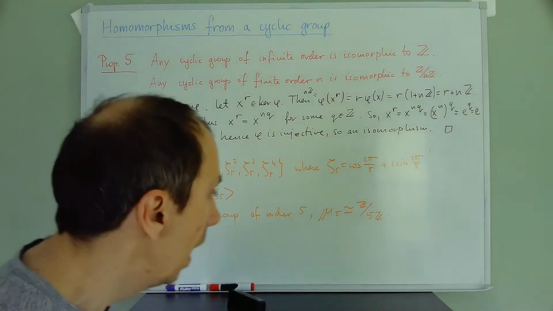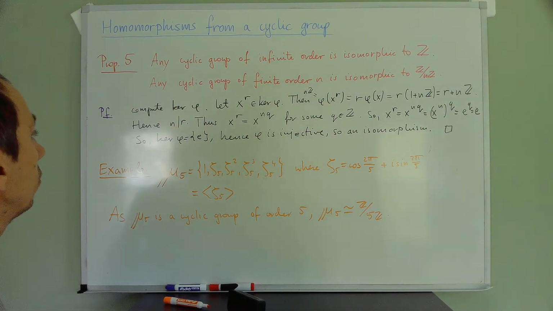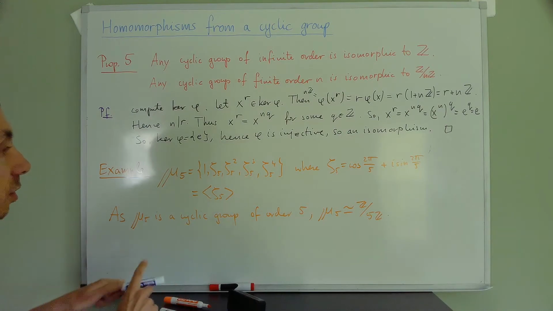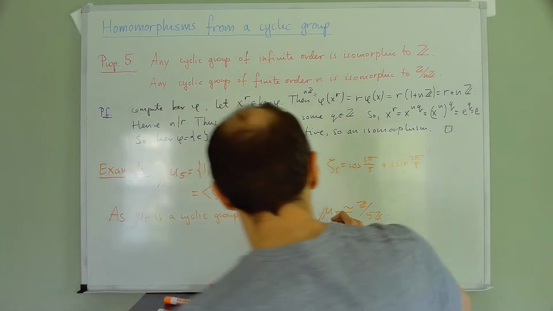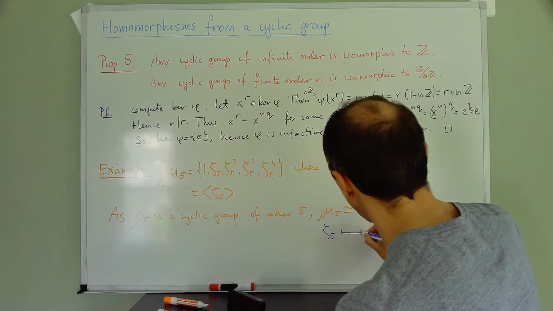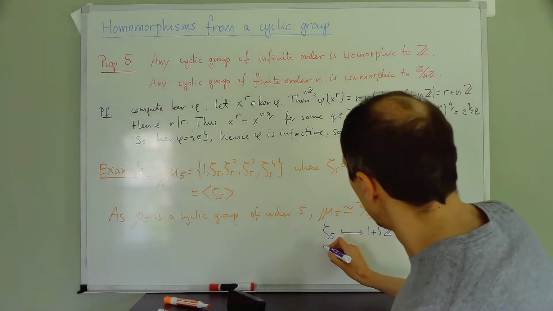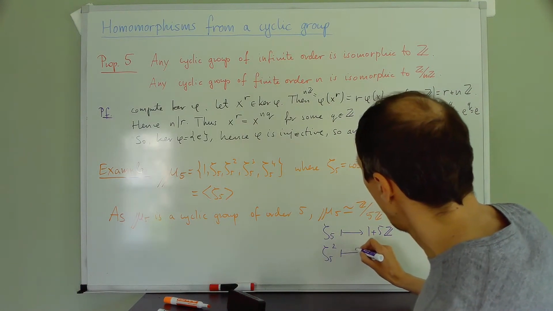They're isomorphic. And this isomorphism is kind of neat because you saw how you can construct these isomorphisms, right? To take a generator, so I take zeta 5, which is a generator, and send it to 1 plus 5Z. So zeta 5 squared is going to go where?